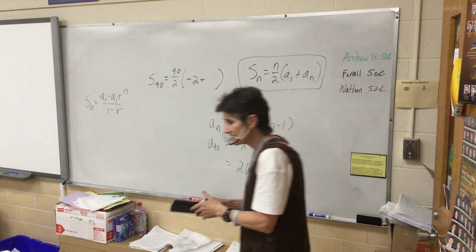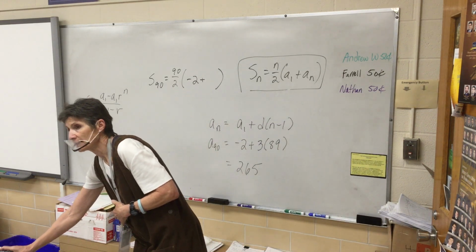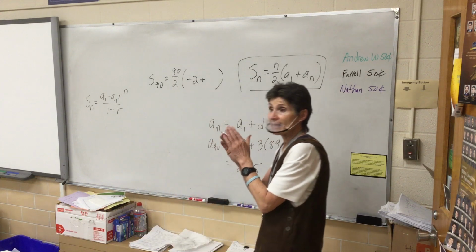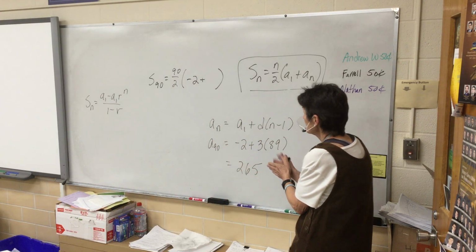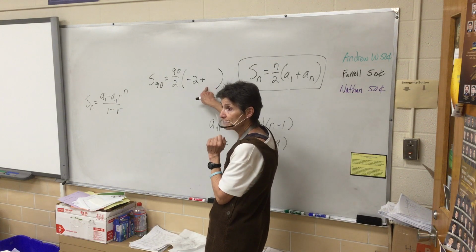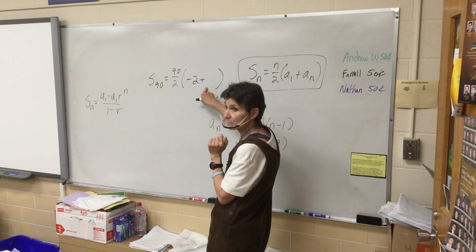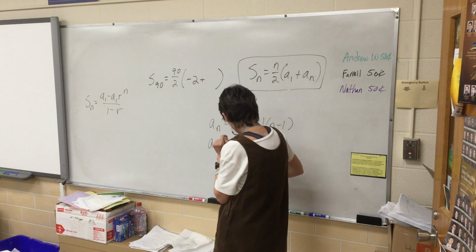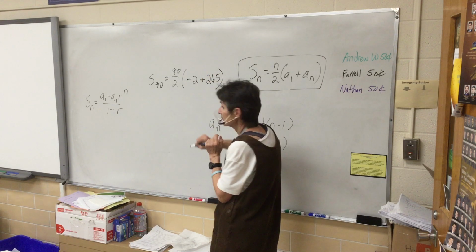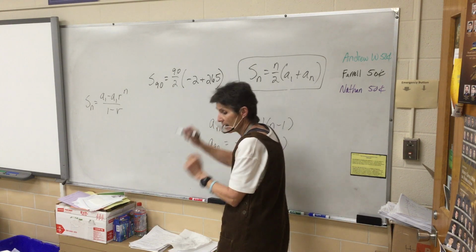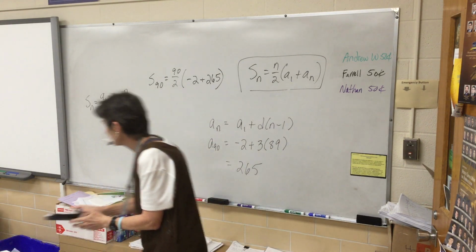Someone, I guarantee it, will put that in the answer blank. That isn't the answer, is it? What did I do that for? So that I knew what went here. So now that I figured that out, I can put 265 here, and then I can find the answer to the question.